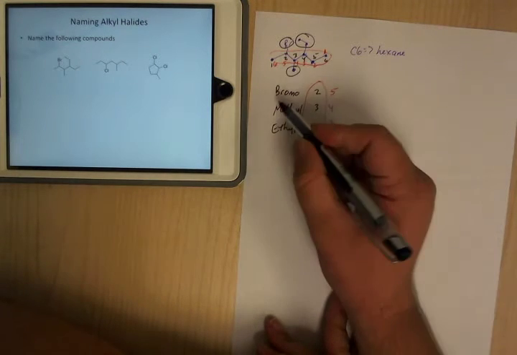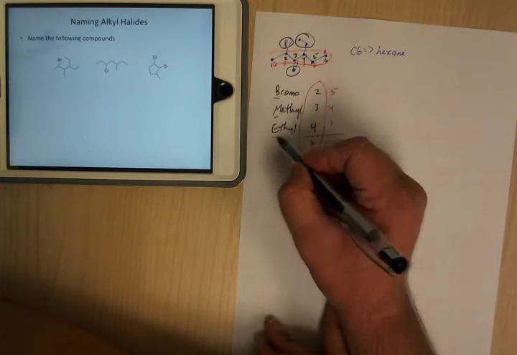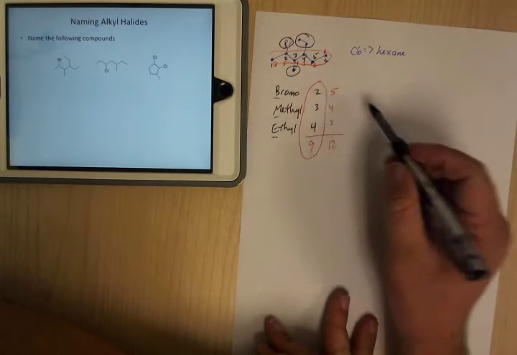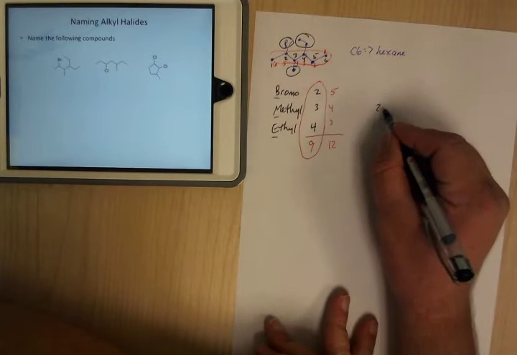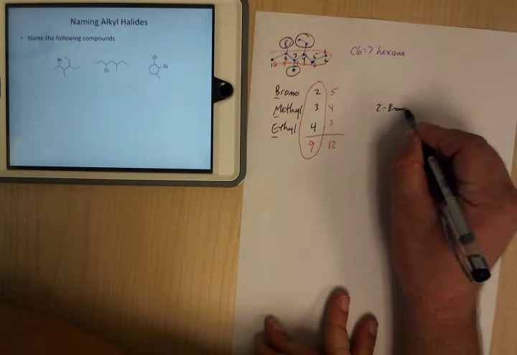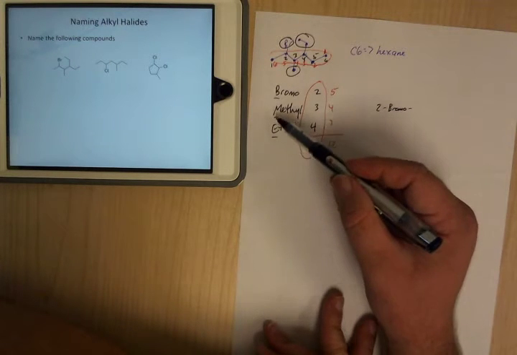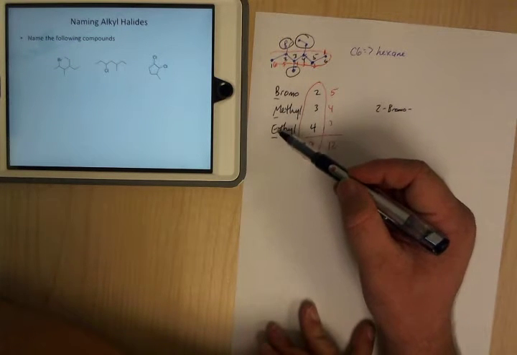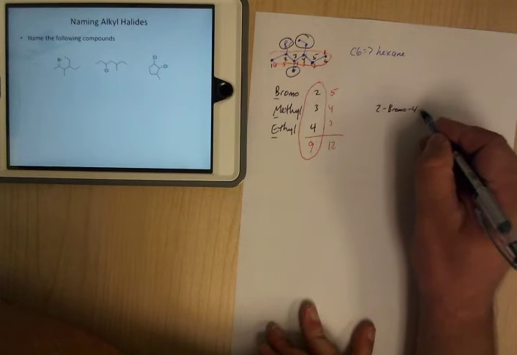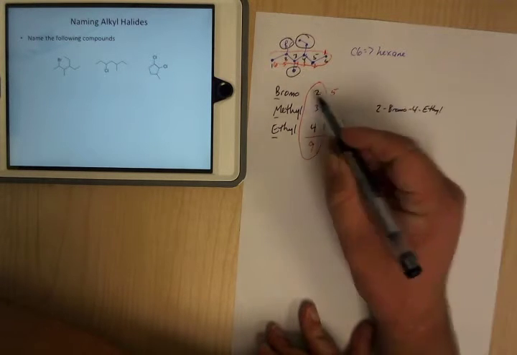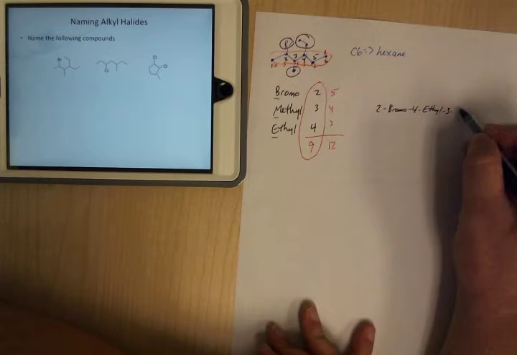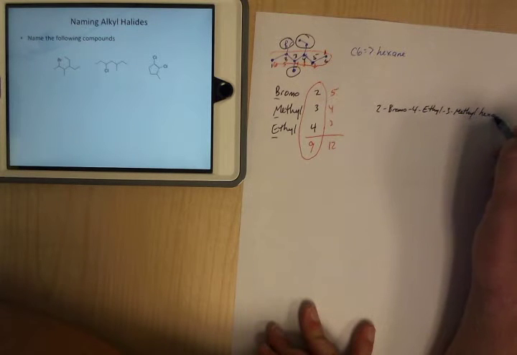Then the question becomes which comes first: bromo, methyl, or ethyl? Bromo comes first, so it's just going to be 2-bromo. Then which comes next, methyl or ethyl? In this case it's ethyl, so 4-ethyl, and then 3-methylhexane.